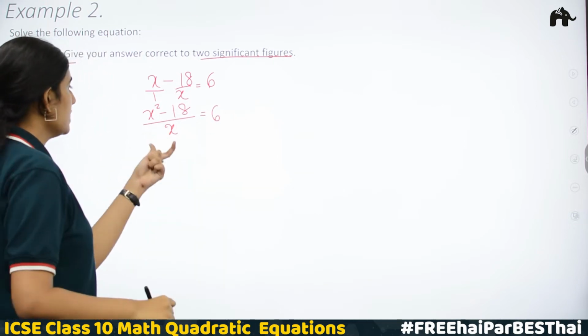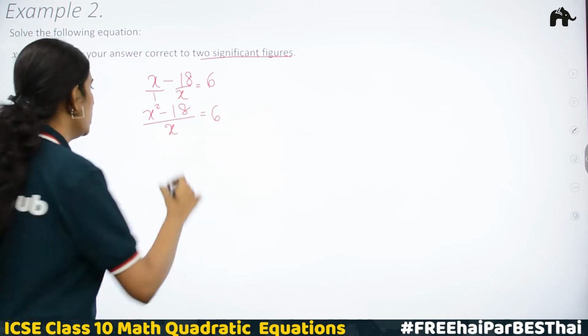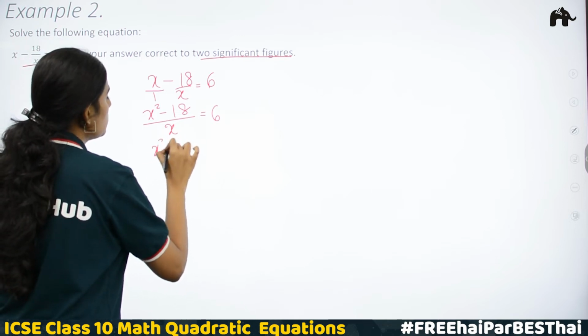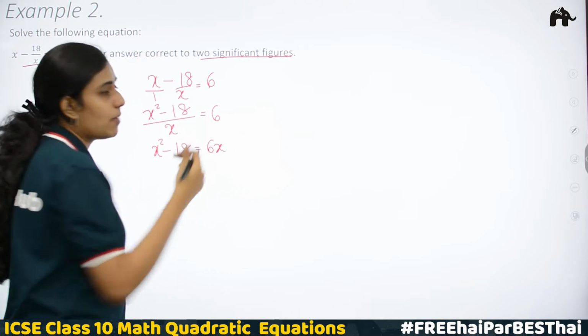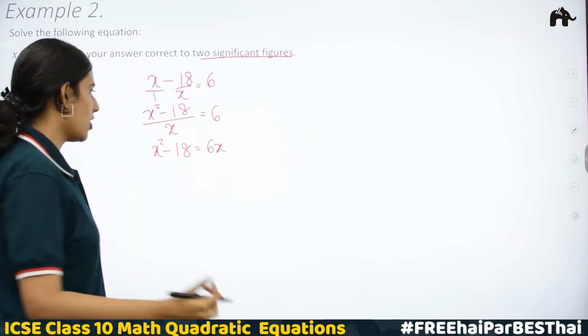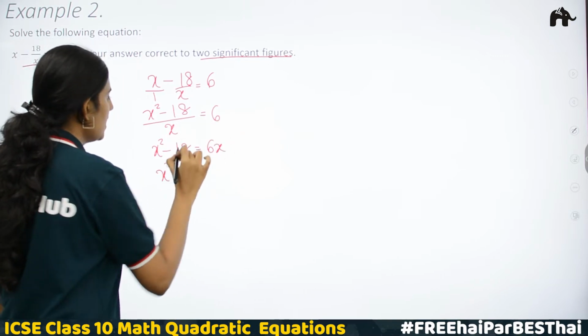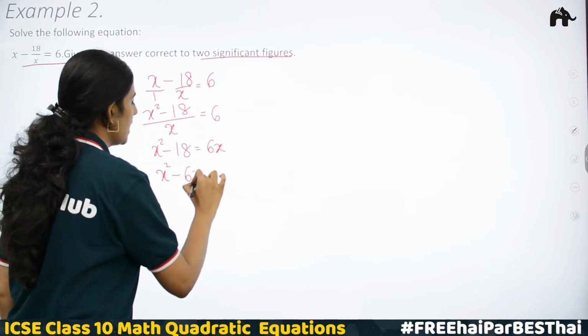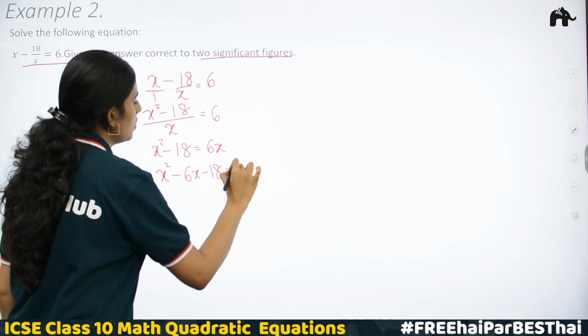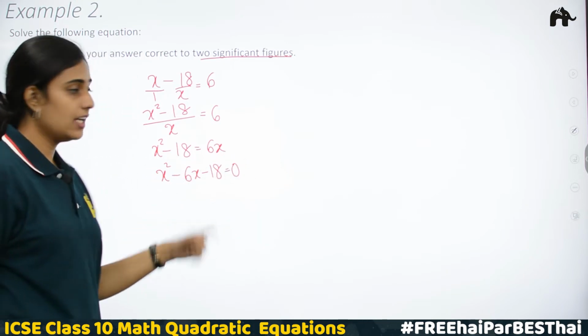Okay, taking this x to the opposite side, the numerator becomes x square minus 18 is equal to 6x. We are about to reach the standard form of quadratic equation. Bringing this 6x to the opposite side, it becomes x square minus 6x minus 18 is equal to 0. This is in the standard form.